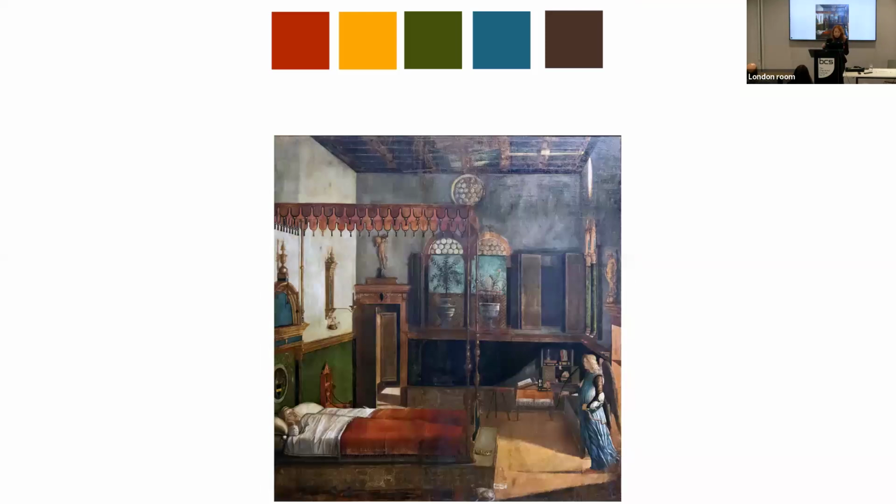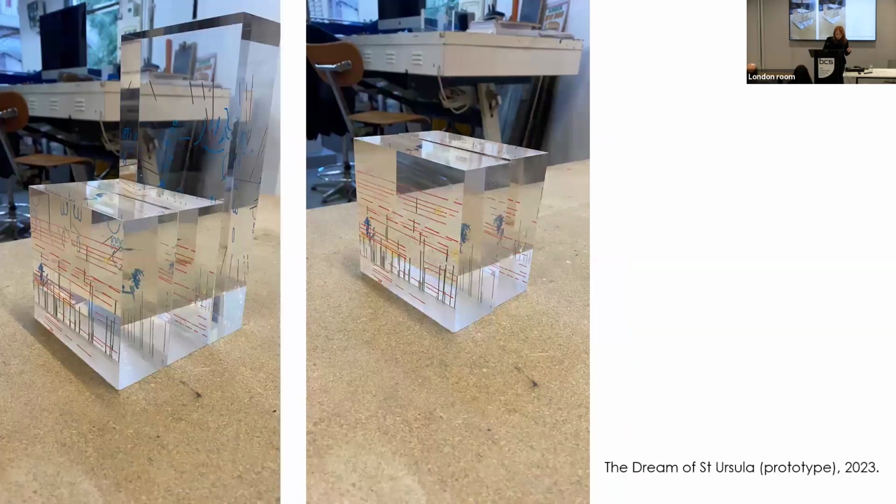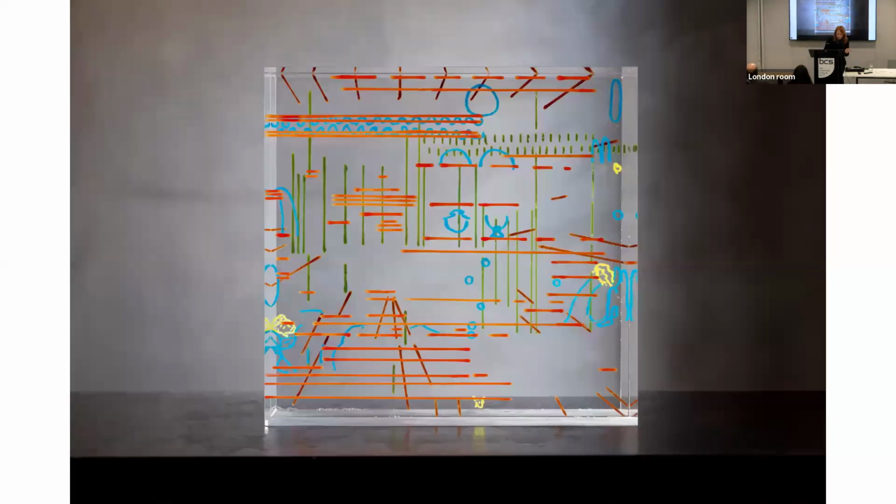So we selected the 5 most important colors that she liked, and we applied them to each plate. And we made a prototype, which is now the only thing we have about this project. And each side of the cube would represent one plate, and this was the final work we worked on together.